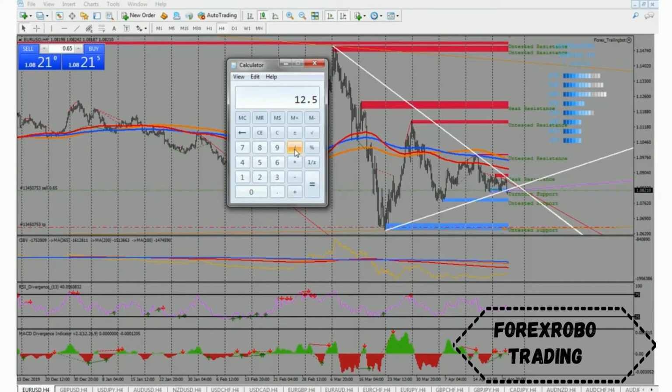I take $12.50 and divide it by whatever stop loss you want in pips. If you want a stop loss at 200 pips, you enter $12.50 divided by 200. That gives you a lot size of 0.06. Always round down, never round up, just because I said so. So you'd be doing a trade of 0.06 lots.